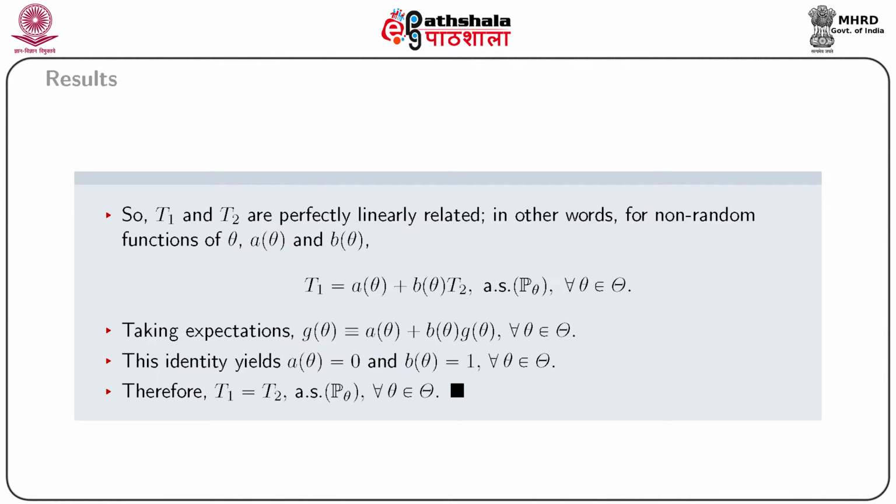Comparing the coefficients, we get A(theta) equals 0 and B(theta) equals 1 for all theta. Hence, T1 equals T2 with probability 1 for all theta.